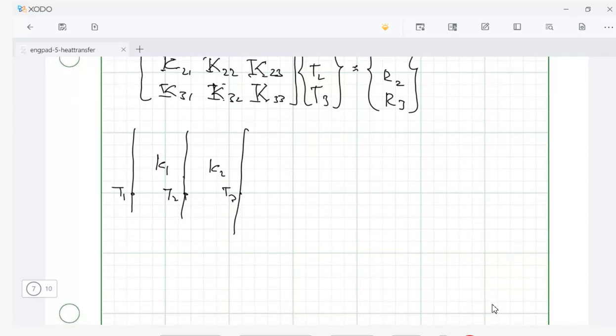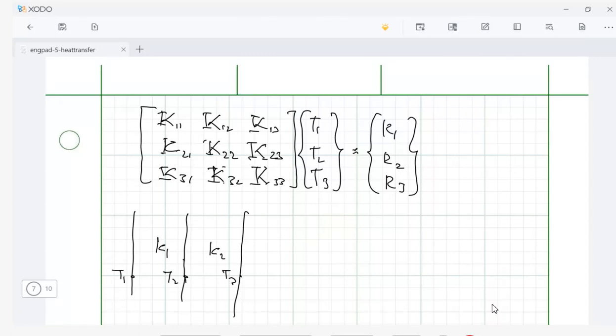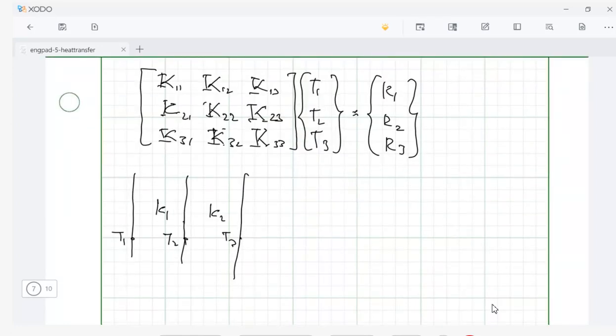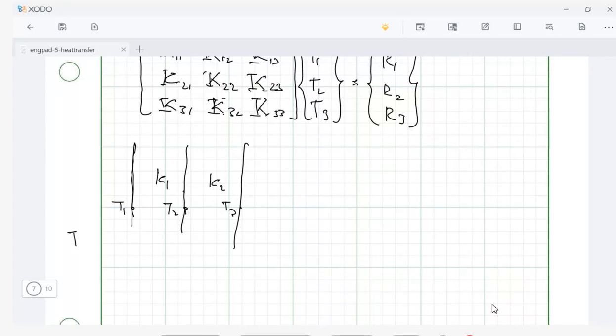One way is just to note that we need at least two boundary conditions in this case to solve the problem. So we can assign, or we know the value of T at, let's say, node number 1. Let's say T1 is equal to alpha.